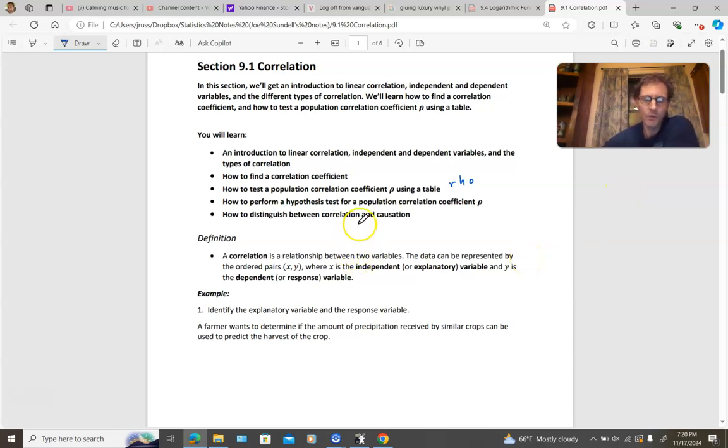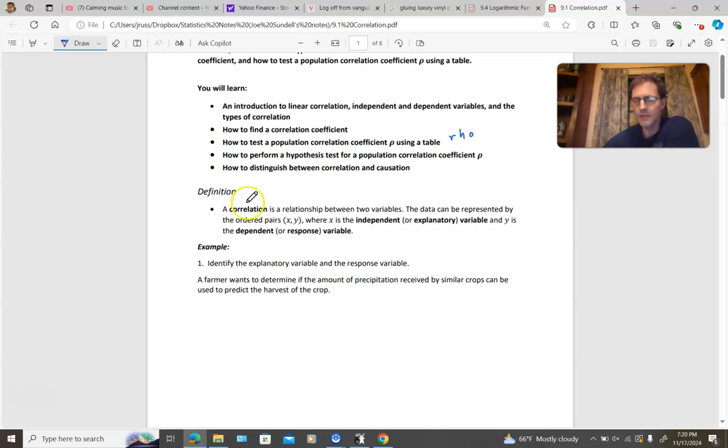All right. Well, anyway, when we talk about correlation, guys, we're talking about some kind of correspondence between two variables. Okay. And lots of times data can come as ordered pairs.